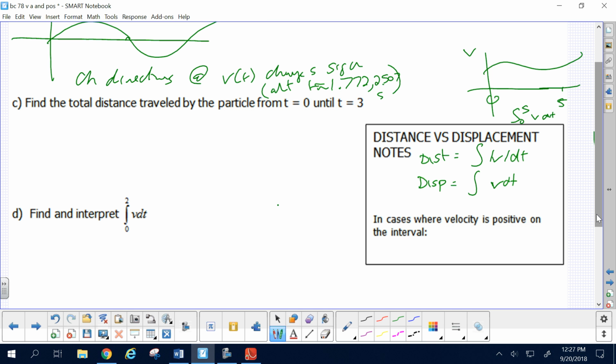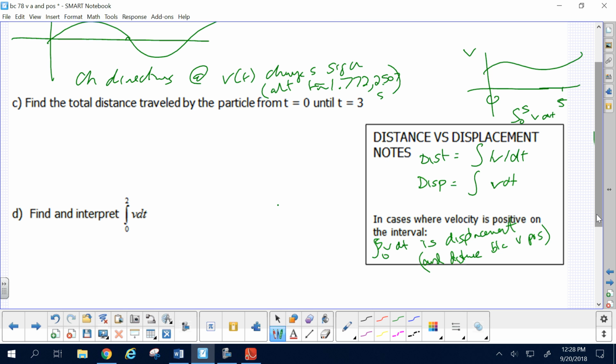They expect you to actually say that; they're a little picky about that. You would say displacement, because it's always displacement, but you would also parenthetically say "and distance," because velocity is positive on the interval. It's both, because it's monodirectional movement.